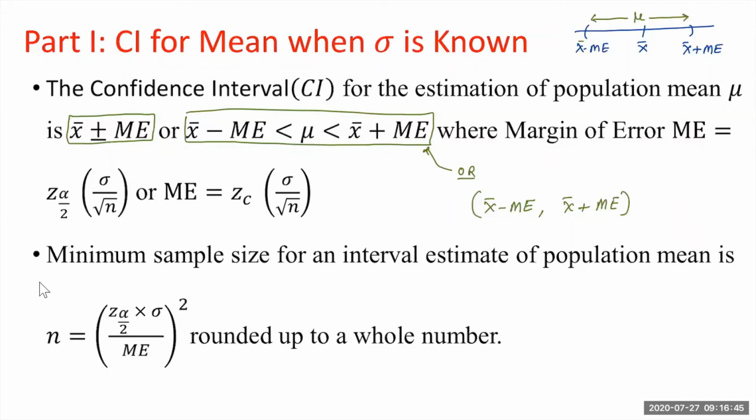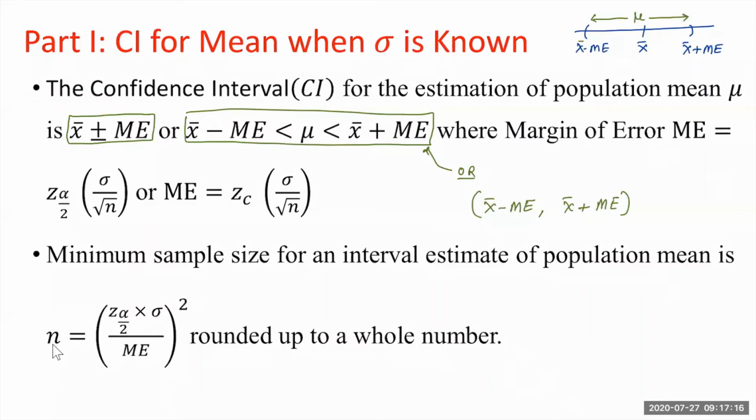There's a second formula that we need to know. Sometimes we know the critical value or we know the confidence level. We want a certain confidence level. I want to predict the true mean with, say, 95% confidence level. If I know the confidence level, the population standard deviation, and the margin of error, and we want to estimate the size of the sample, we use this formula.